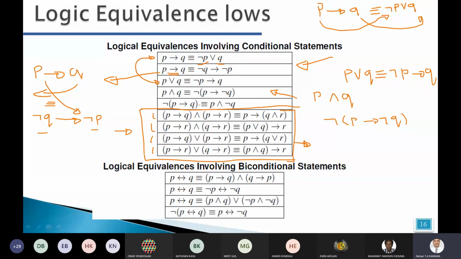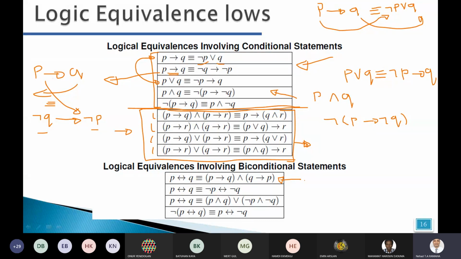So I think until here is enough for these laws. If we need this, I will give you these laws. I think the most important is this part, you can understand it and use it. This law, I already gave it to you.